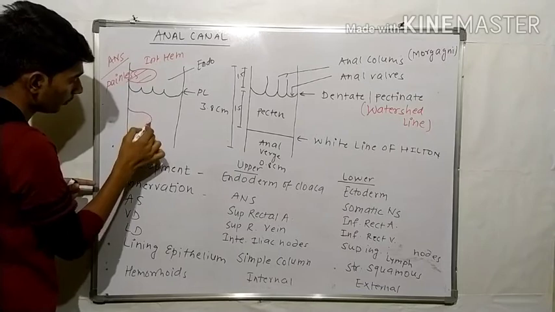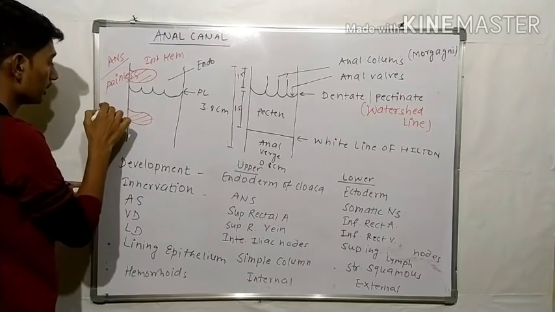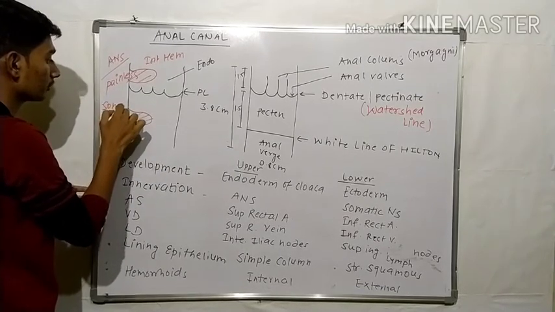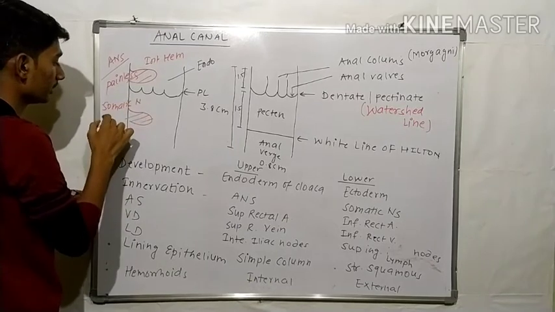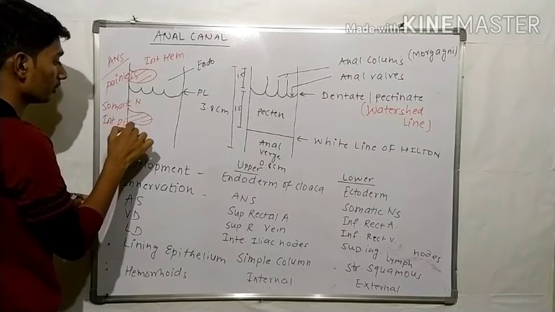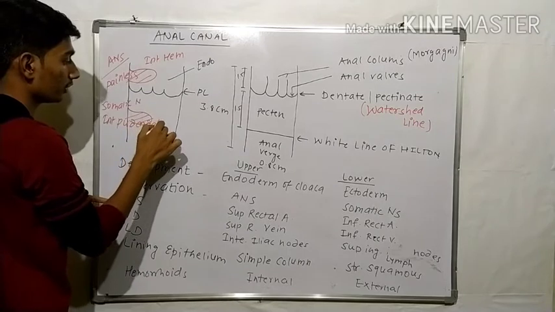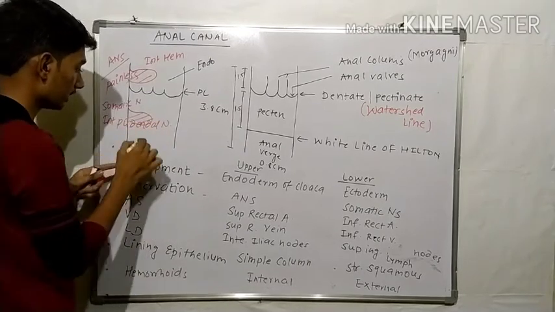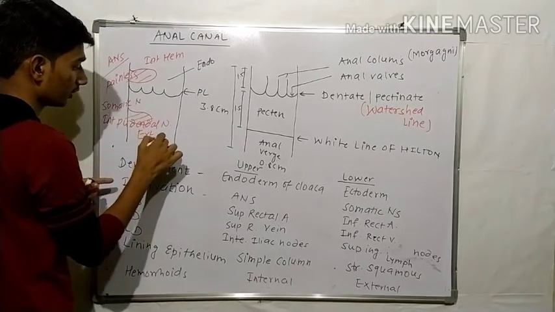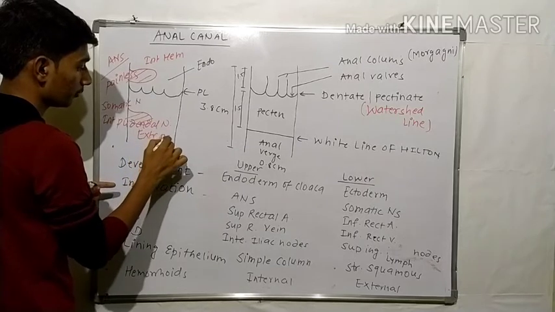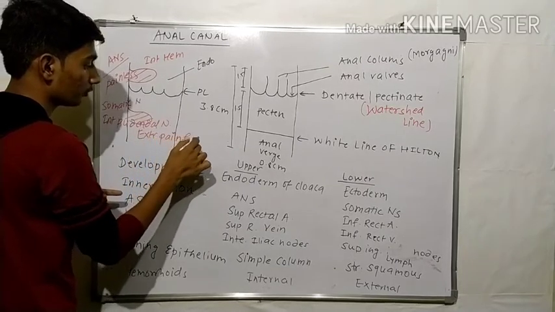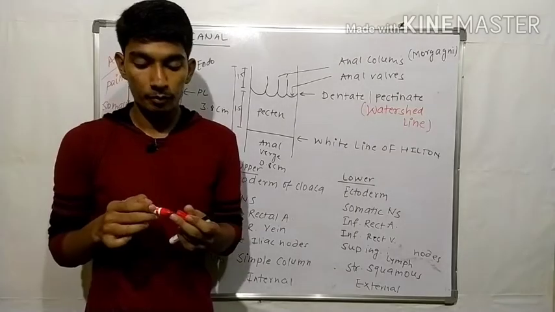But if hemorrhoid develops here, it is surrounded by somatic nerve, that is internal pudendal nerve, and due to that they are extremely painful. External hemorrhoids are extremely painful.